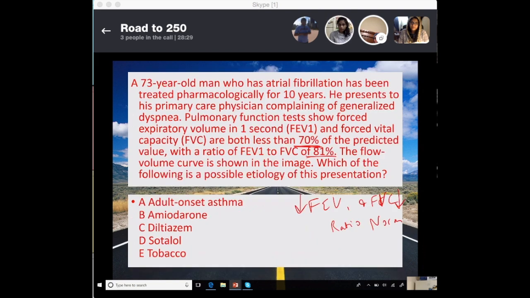And amiodarone, we know, causes a bunch of adverse side effects. What kind of side effects can amiodarone cause? Hypo or hyperthyroidism. You always check your PFTs, LFTs, and TFTs. What about skin manifestations? Yeah, the Smurf skin or photosensitivity.